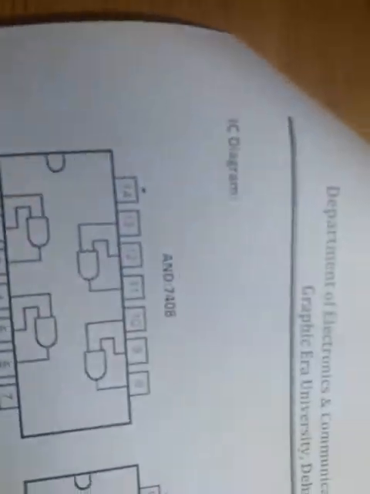And now this is the IC of 7408, which means this is the IC of the AND gate. You can see here the AND gate. There are a total of 14 pins.